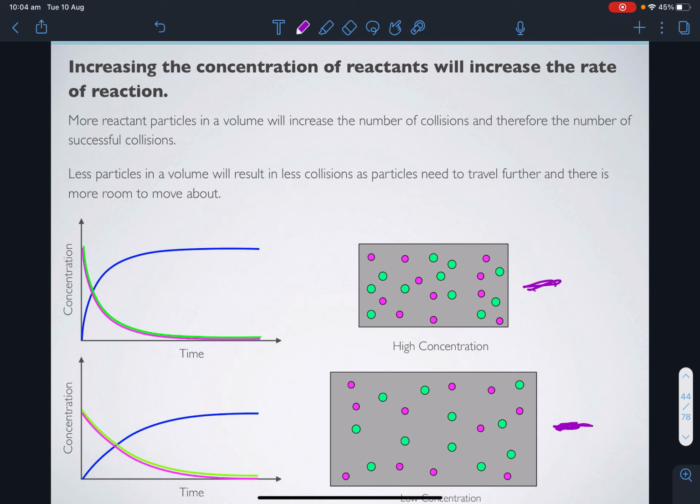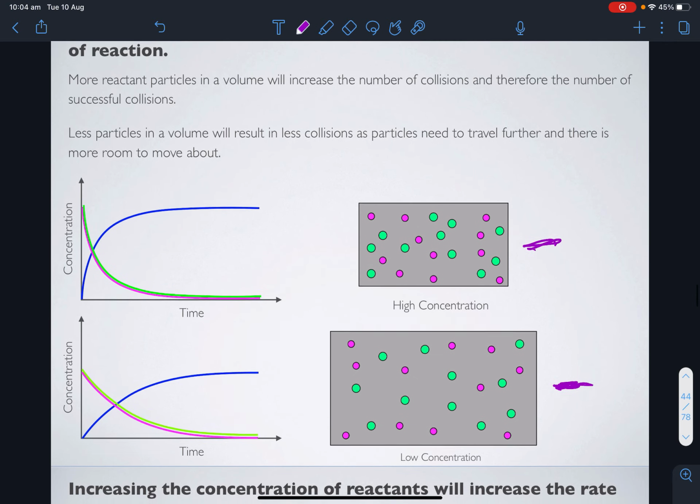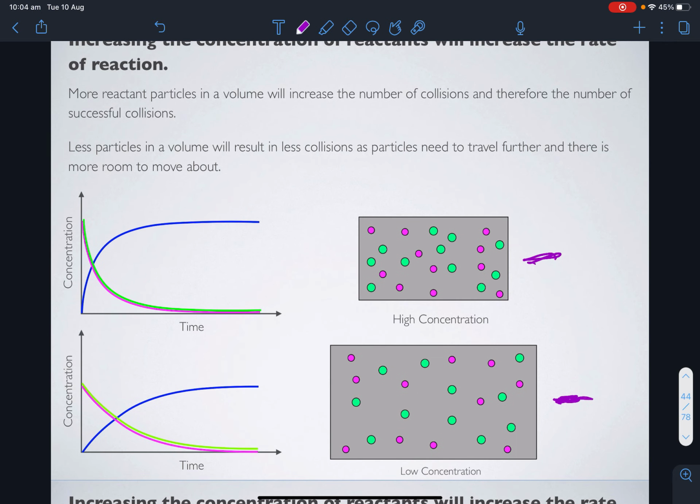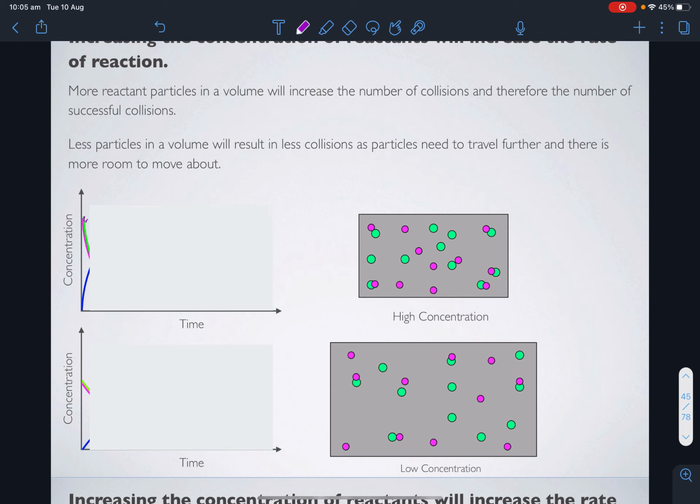Here, I've done an animation, and I'm showing the overall graph, but that's okay. Let's start down here. I'm going to start with the concentration of green and pink very high. The concentration in the larger volume is lower, so I'm starting lower here.